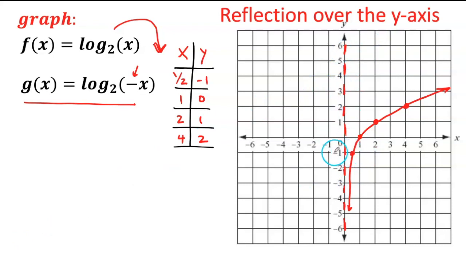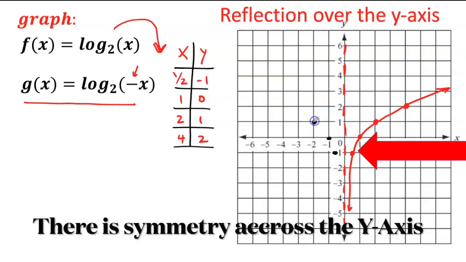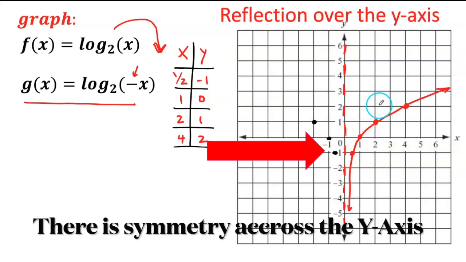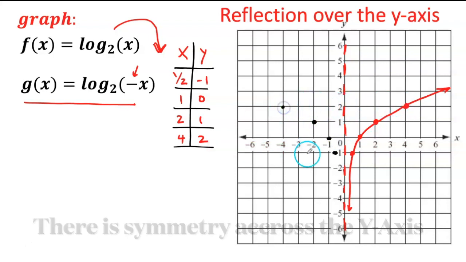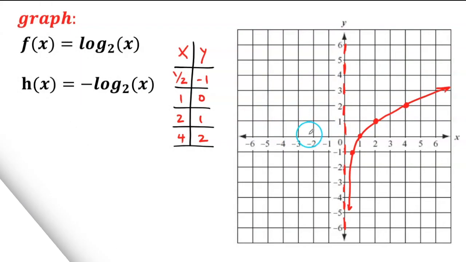So if this is half, then it's going to go half the other way. One away to the other side. Two away, two away. And from here to here is 4, therefore 4 to the other side. And now, if I connect these points, that's going to be log base 2 of negative x, reflection over the y-axis. Okay? What about now?